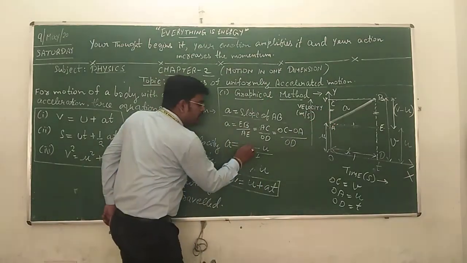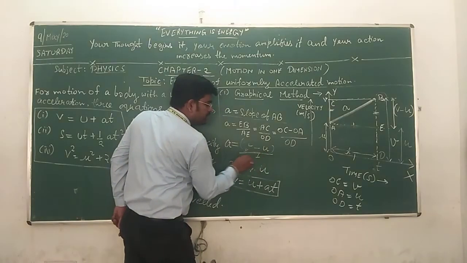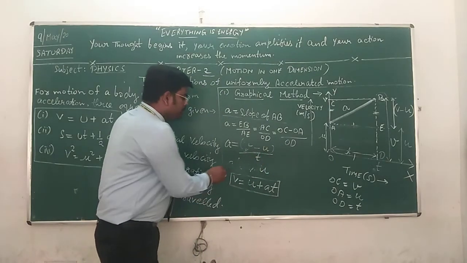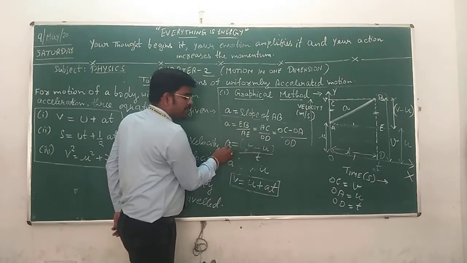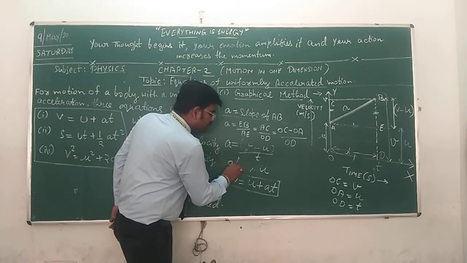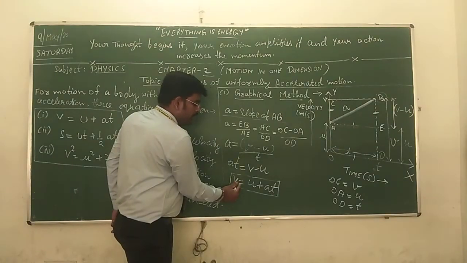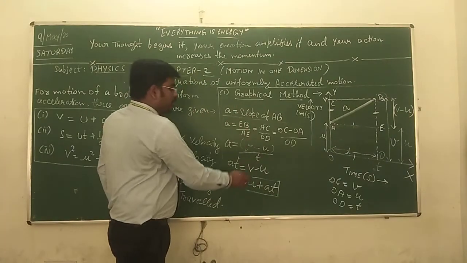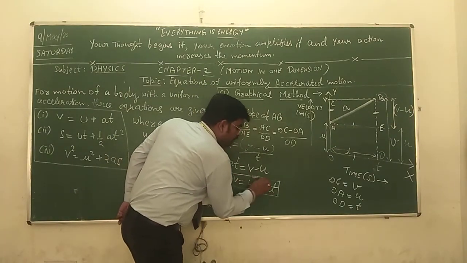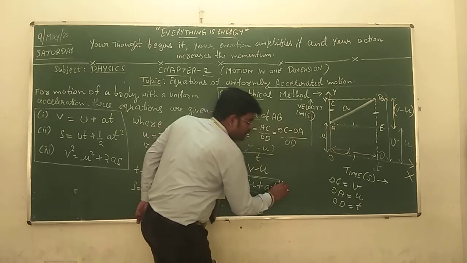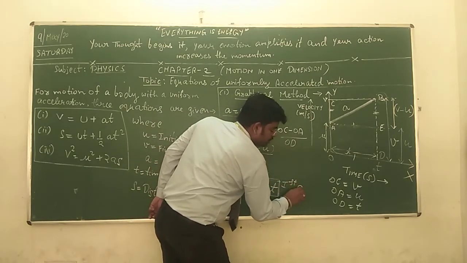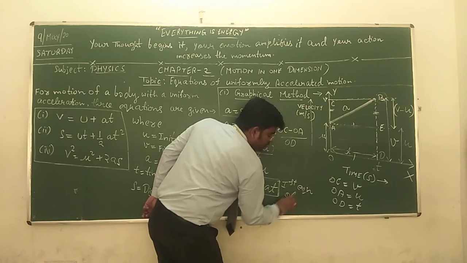That we have written here, V minus U, divided by T. So class, this T is multiplied with A. That will give you V minus U is equal to AT, so V is equal to U plus AT. That equation we have got, the first equation of motion. This is your first equation of motion, class.